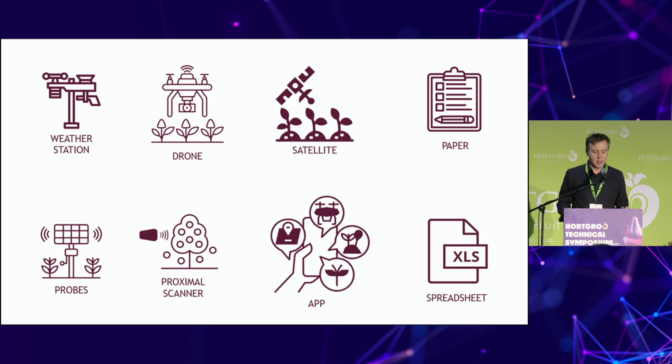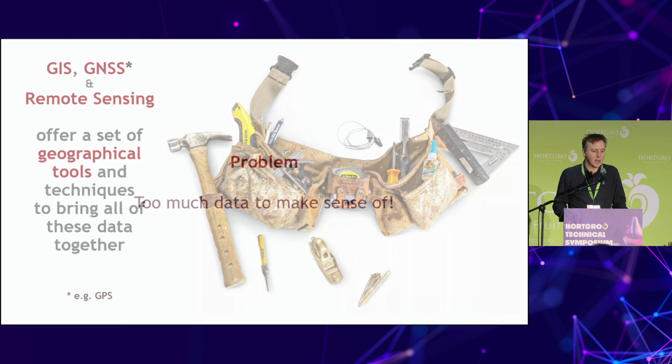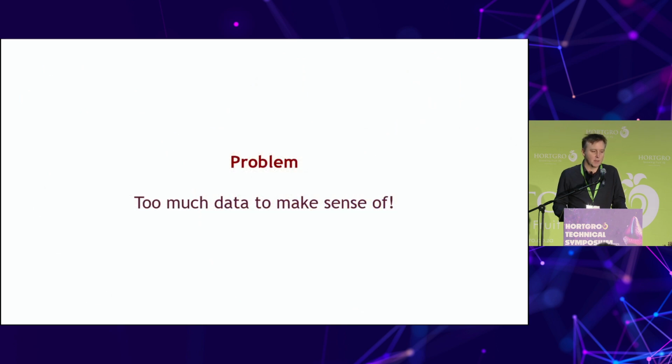And that's why geography and GIS, Geographic Information Systems, GPS, and remote sensing are so important for the agricultural industry, because we're working also over large areas. So these tools are really important for this problem that we're facing.